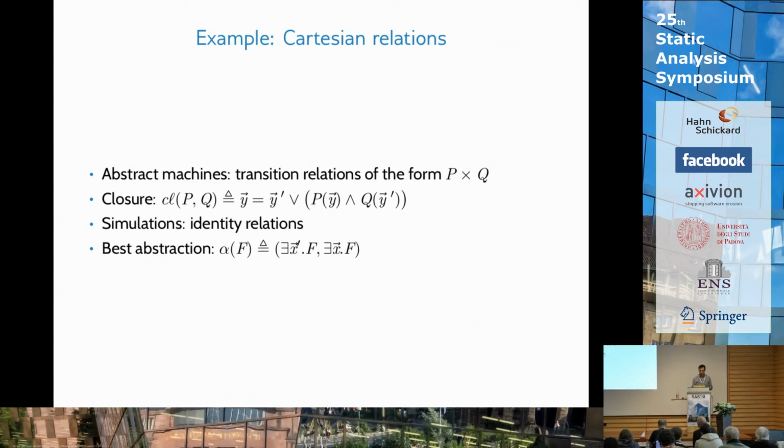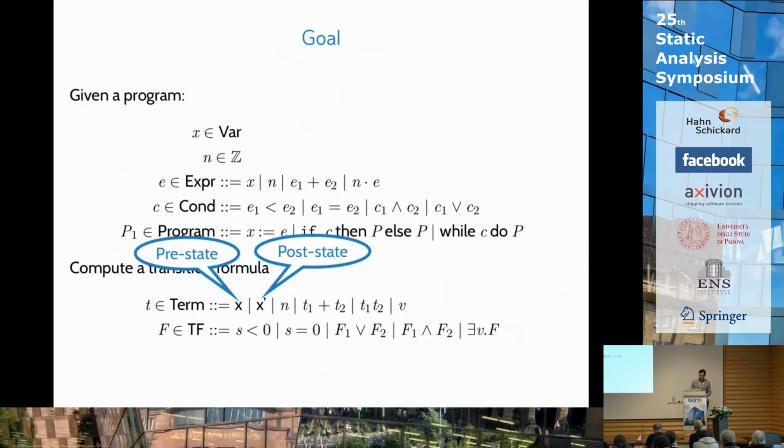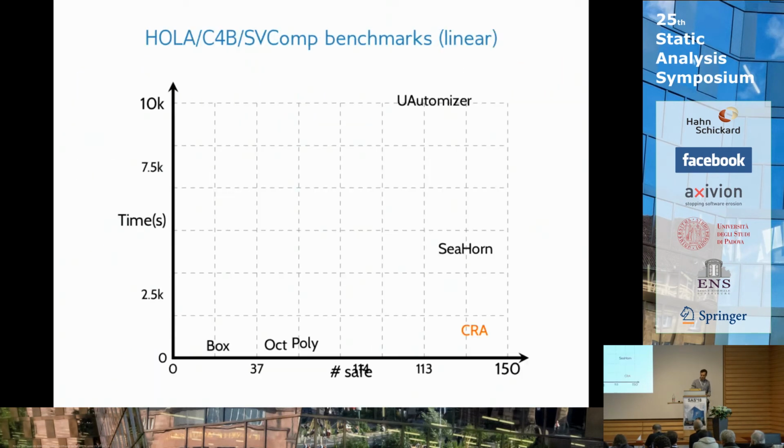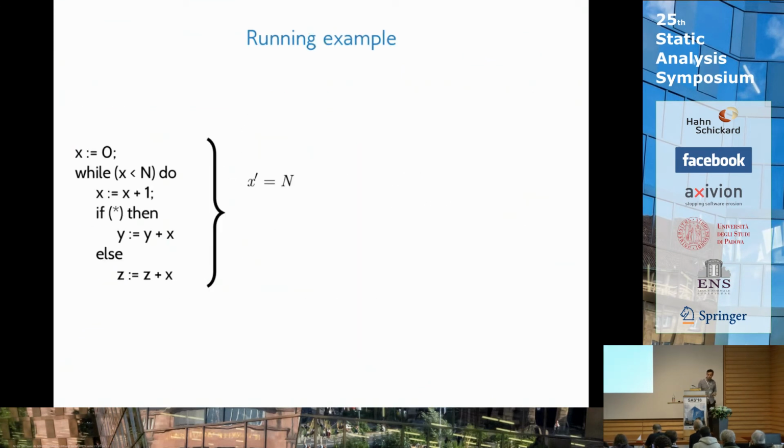The reason that we're able to prove that x ends up at n at the end of this program is exactly because our Cartesian abstraction allows us to maintain the information that x must be strictly less than n in the pre-state of the loop and less than or equal to n in the post-state of the loop. Conjoined with the negation of the guard, that gives us x prime equals n.